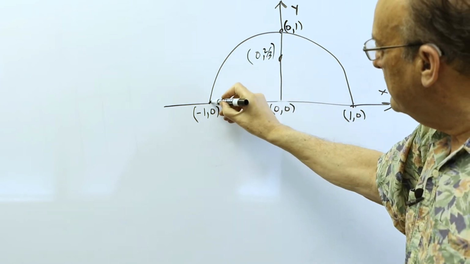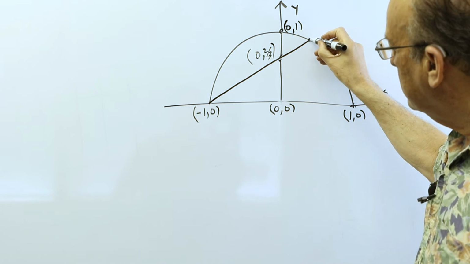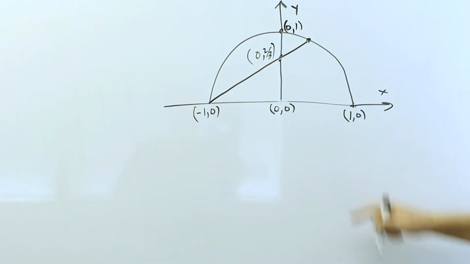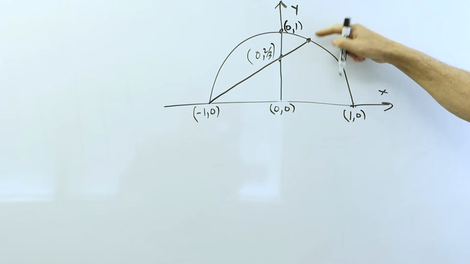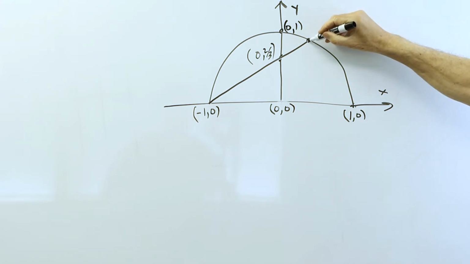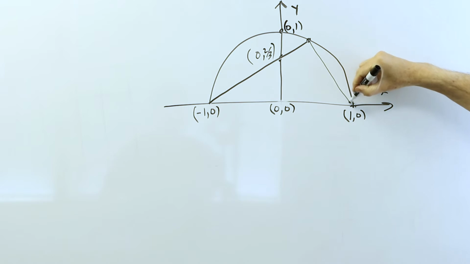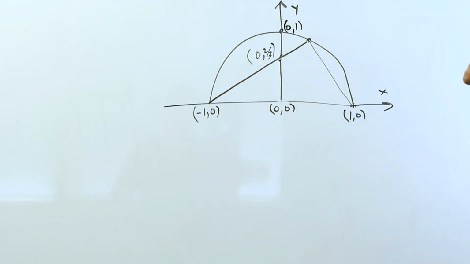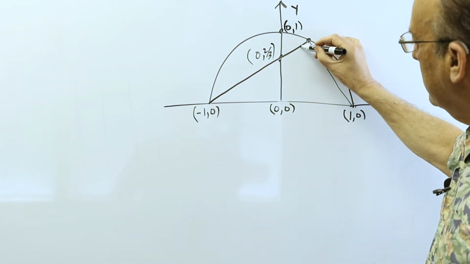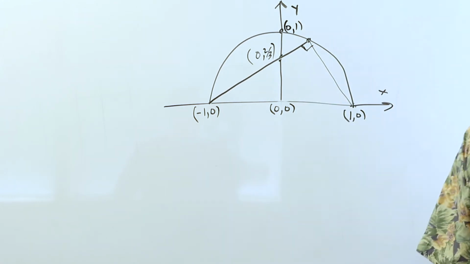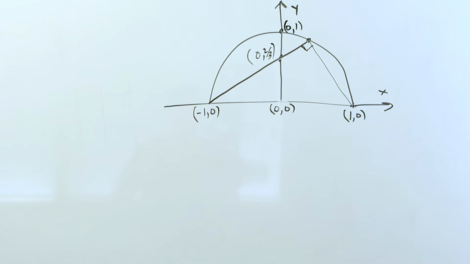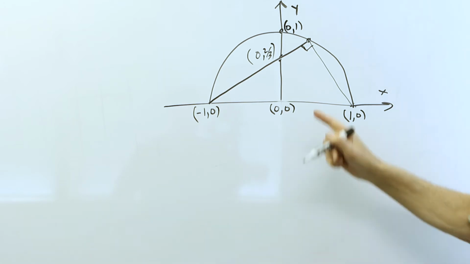Now if I draw this segment and I intersect the semicircle of the unit circle, this is actually the unit semicircle, and if I also draw this segment, it's well known from geometry that this angle will be a right angle. So a triangle inscribed in a semicircle is a right triangle. I believe this is called Thales's theorem.